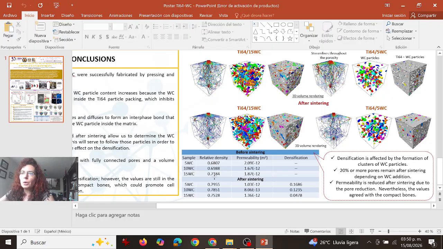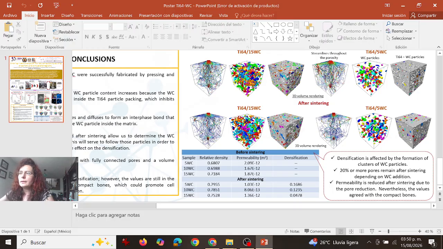And so we obtain these values, as we can see in here, and after sintering we also have the densification values. So from all these values, we can conclude that the densification is affected by the formation of clusters of tungsten carbide particles.